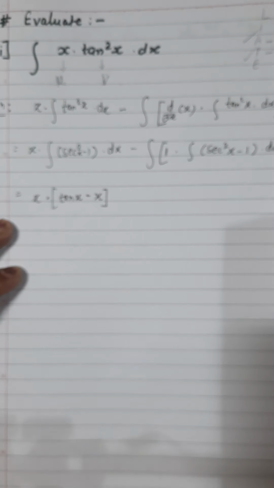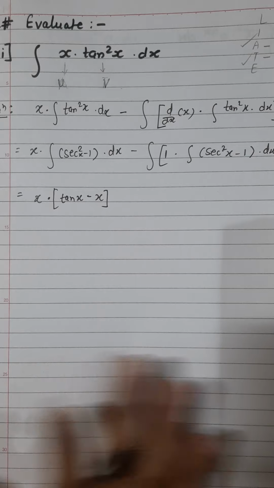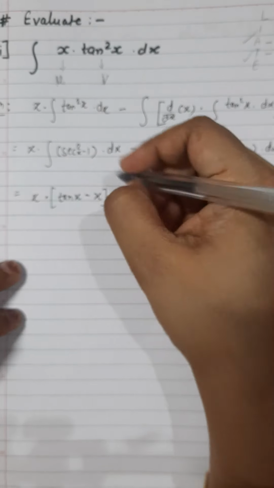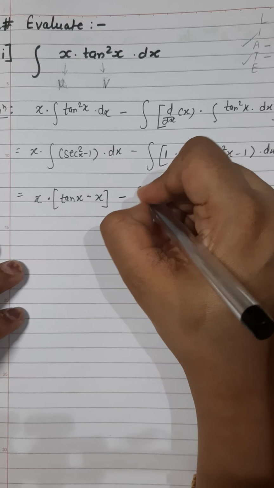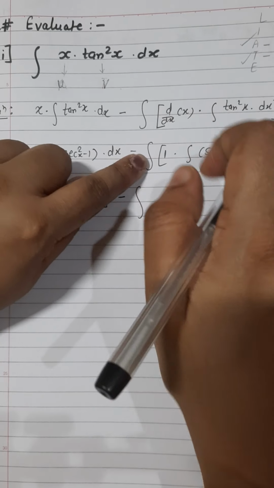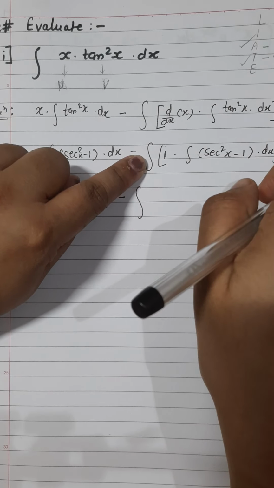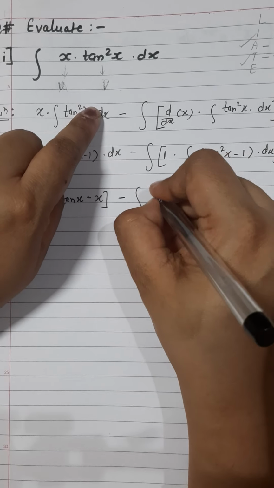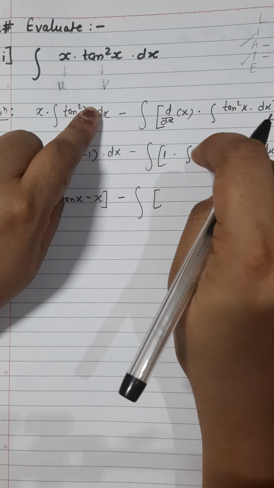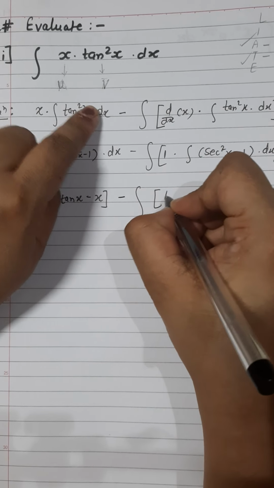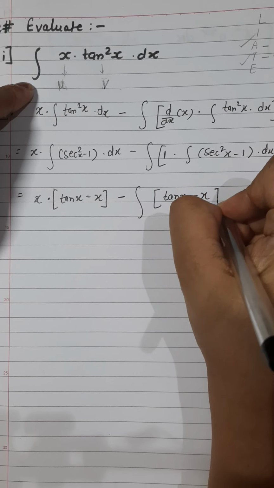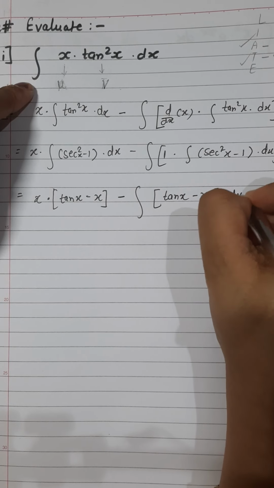You can write here, if you want, plus c1, but it's okay, just solve everything and then write plus c later, right? Minus, for the time being keep it as it is. See, we have to keep this outer integration as it is till we solve the inner bracket. Now integration of sec square x is tan x, again minus 1 by integration x dx, right?